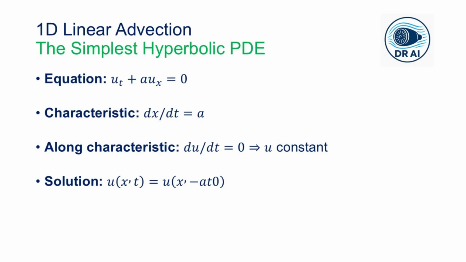We look for curves, x as a function of t in the xt plane, along which the total derivative du/dt equals u_t plus u_x times dx/dt. Compare it with the PDE. If we choose dx/dt equals a, then du/dt reduces to 0. That is beautiful.